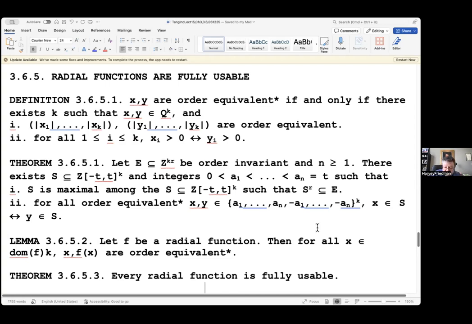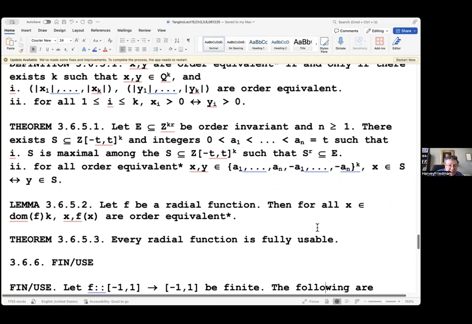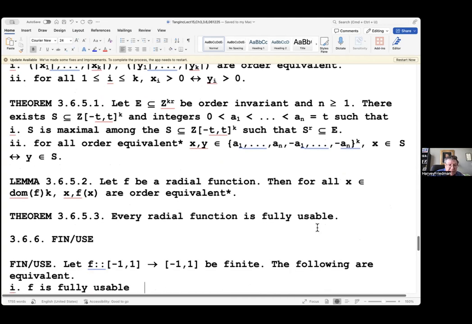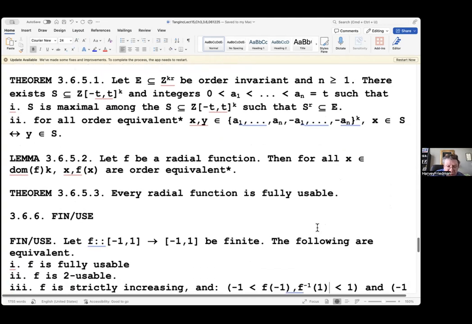All right, now let F be a radial function. Then I claim that for every X in the domain of F, X and F of X are order equivalent star. That has to be done by a lot of cases. So if F is radial, then X and F of X are always order equivalent star.